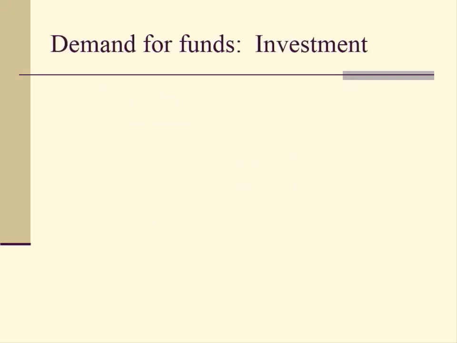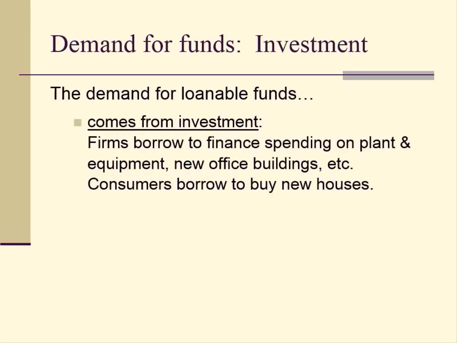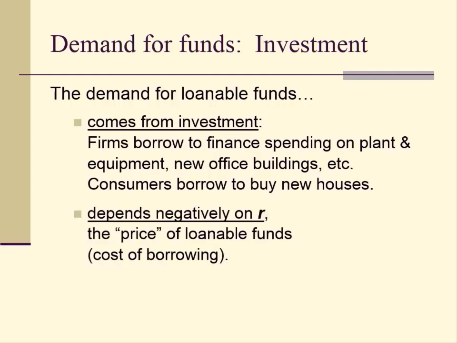If you look at the demand for loanable funds, it comes from investment. That is, firms borrow to finance spending on plants and equipment, new office buildings, etc. And consumers borrow to buy new houses. The demand for loanable funds depends negatively on the real interest rate, because you can view the real interest rate as the price of loanable funds, that is, the cost of borrowing.